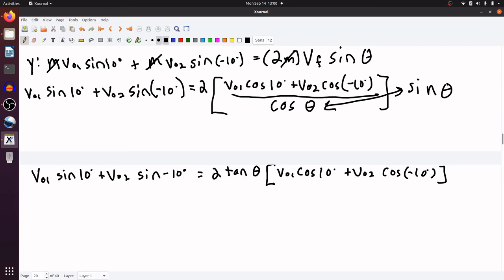So then I'm just going to divide the left side by 2 and then this little guy over here.